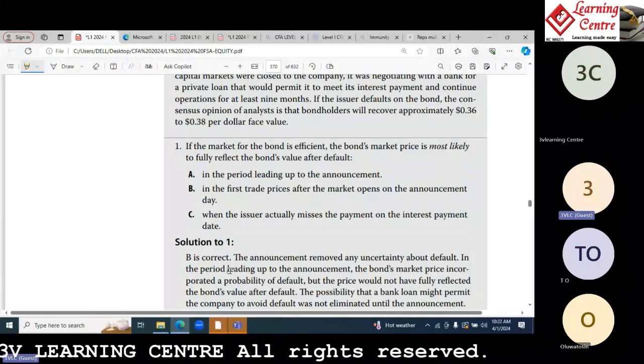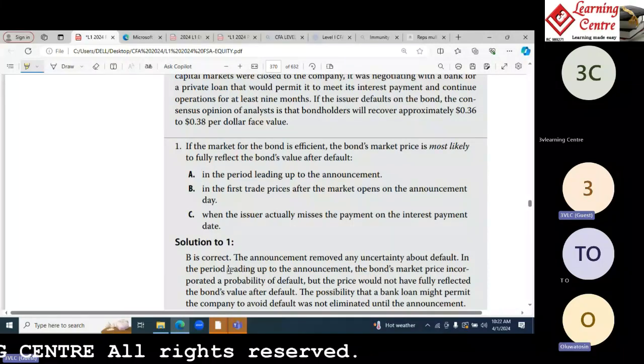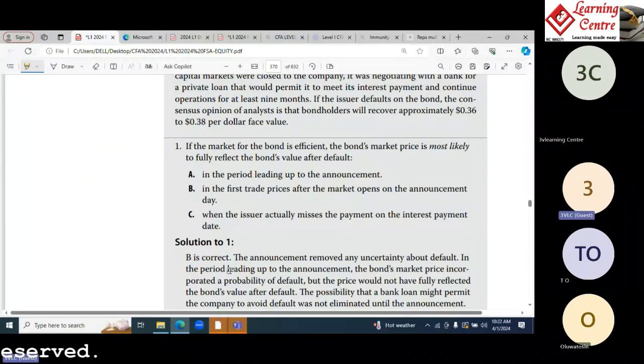The information comes out and the market reacts immediately after it comes out. So the first trade that happens on that bond should reflect that default information, that announcement. Now let me tell you what we call insider trading.